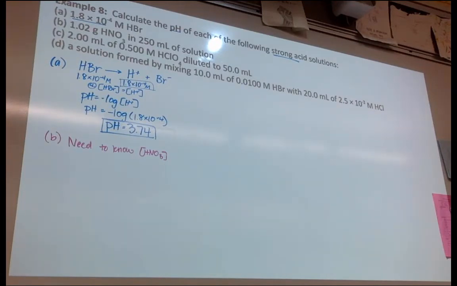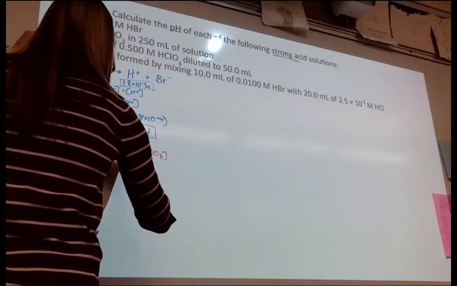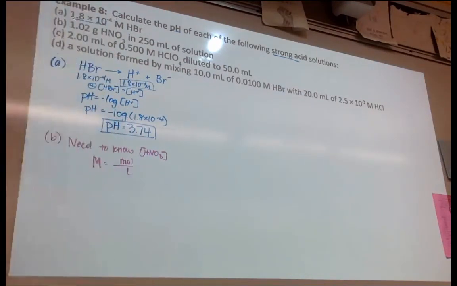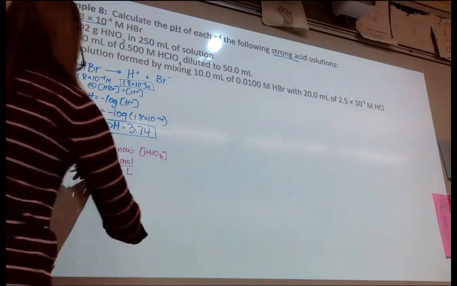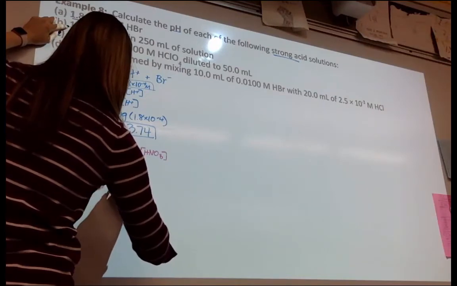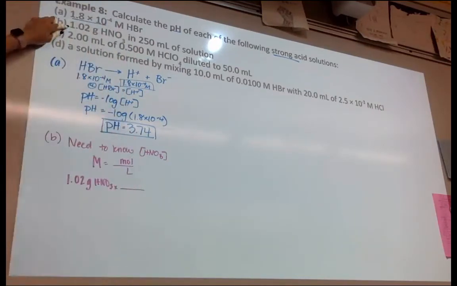Concentration is molarity. Molarity is moles over liters. So part B is requiring us to do some stoichiometry. We have 1.02 grams of HNO3. I need moles.